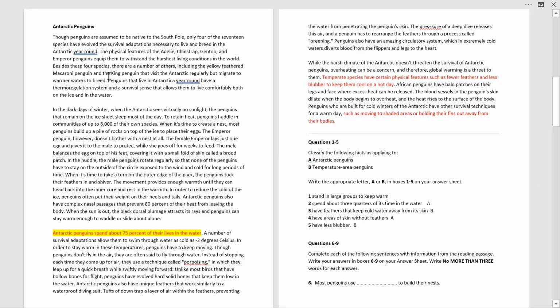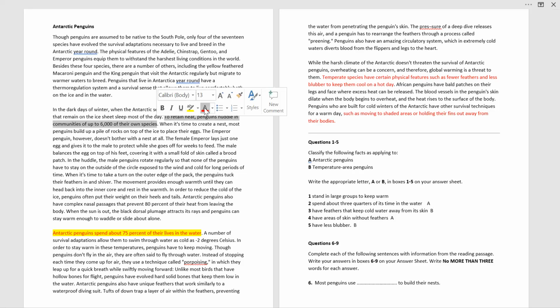There are a number of penguins that visit the beach to migrate to warmer waters to breed. Survival sense allows them to live comfortably both on ice and water. To retain heat, penguins huddle in communities of up to 6,000 of their own species.